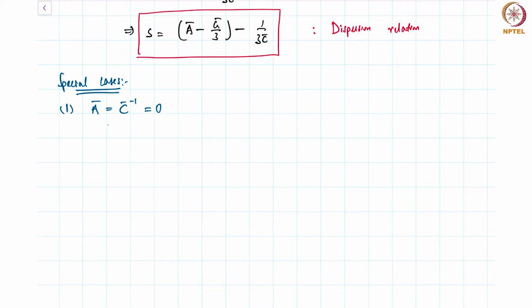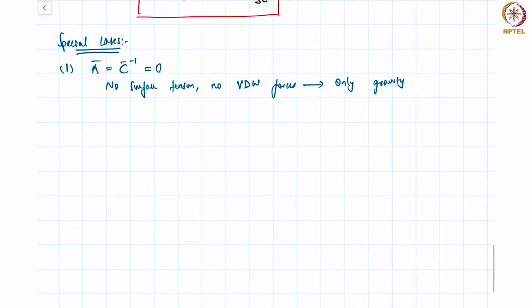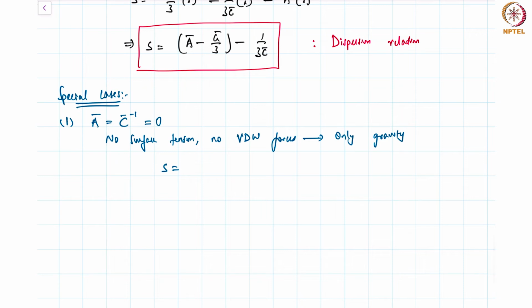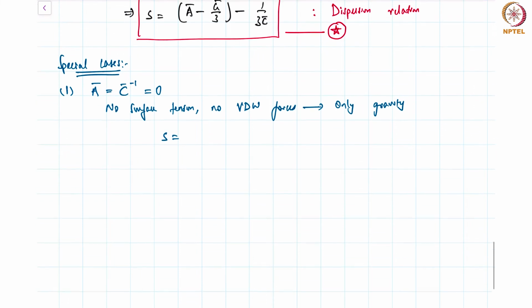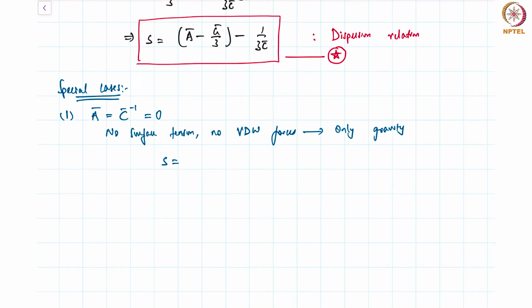So this is no surface tension, no van der Waals force. Only gravity present. Okay. So what do we get for S? If I look at this equation, we'll label this equation as equation star. Equation star essentially reduces to S becomes minus G bar by 3.